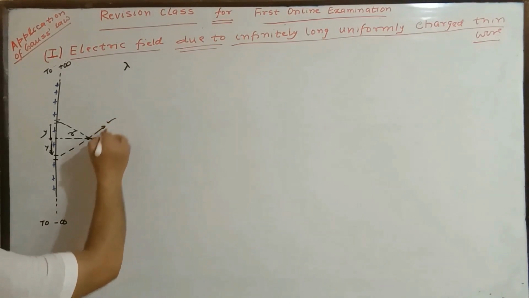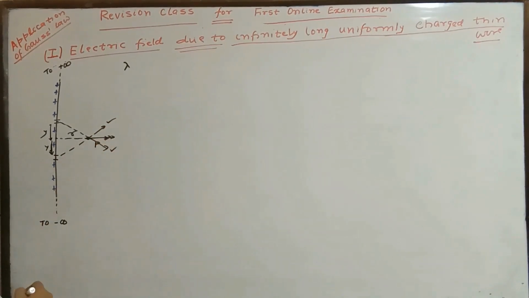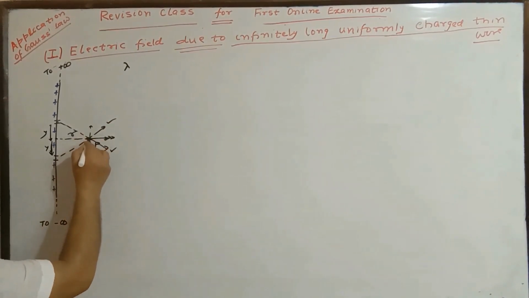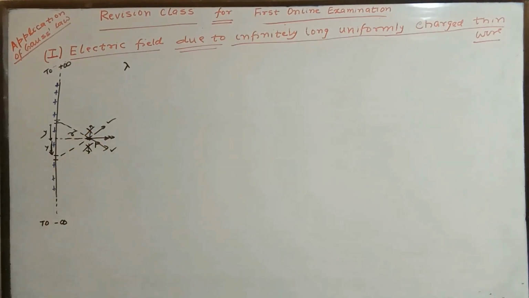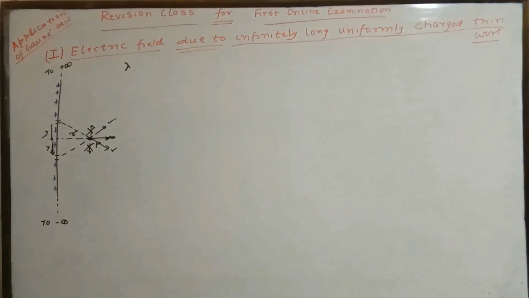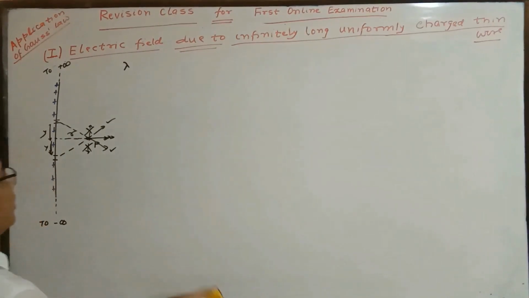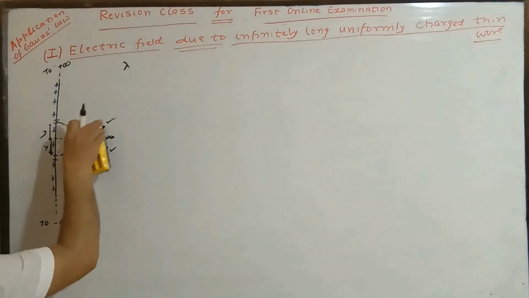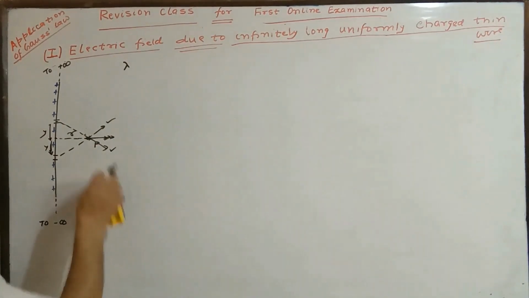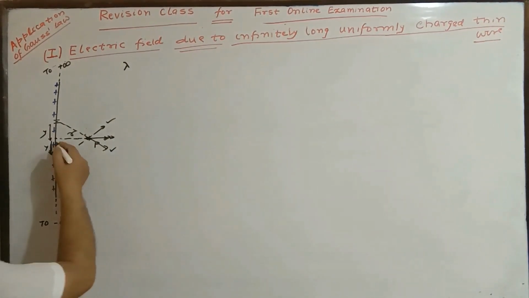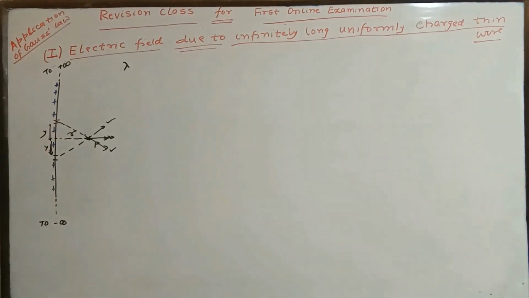These two have x components in this direction and y components here and here. The y components are equal in magnitude and opposite in direction, so they cancel out. We are left with only the x component of the electric field vectors, along this direction. The same is true for all such elements on both halves of this wire.